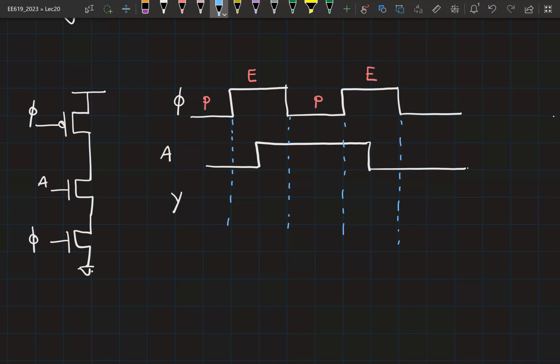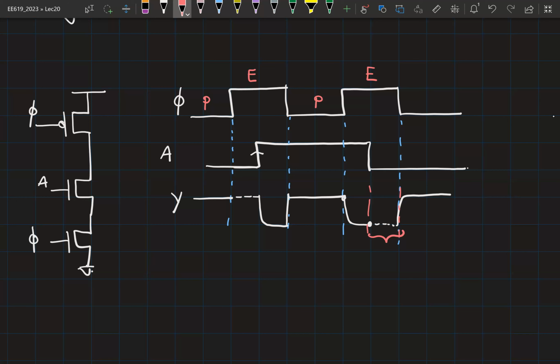So now this is a problem, right? We expect to see the correct value during the evaluate phase, and you have an incorrect result in this region. Why did this happen? Correct. So basically, in the evaluate phase, your circuit can correctly respond only to rising edges, right? Which means now if you're using a circuit like this, you have to ensure that either all the transitions in the input happen during the pre-charge phase, or if any transition is happening during the evaluate phase, it has to be a rising edge.